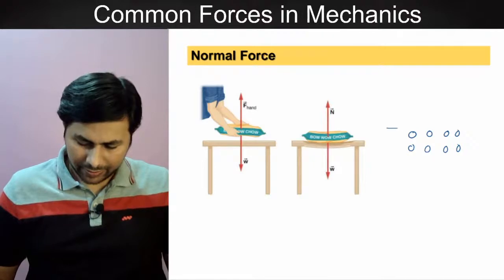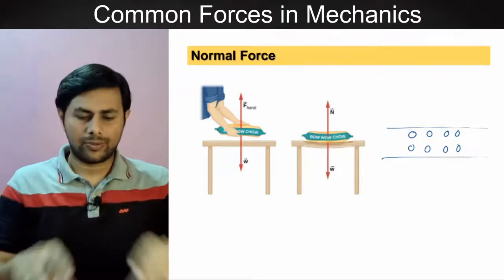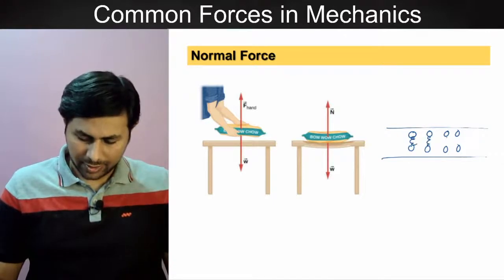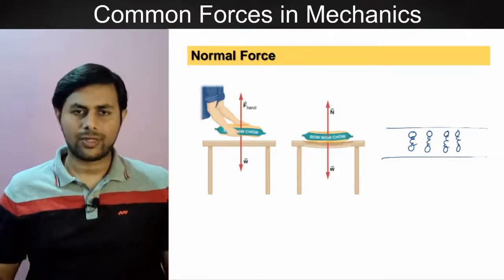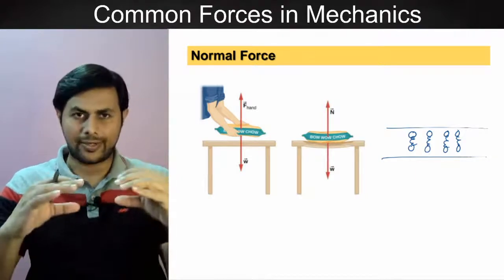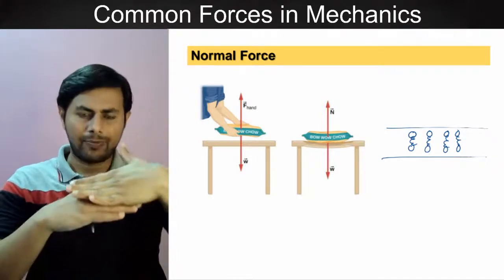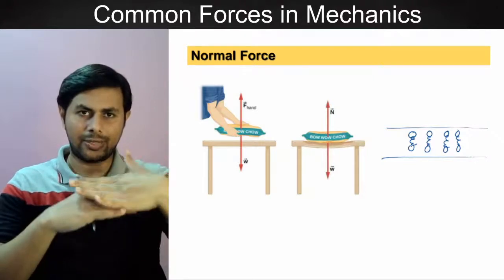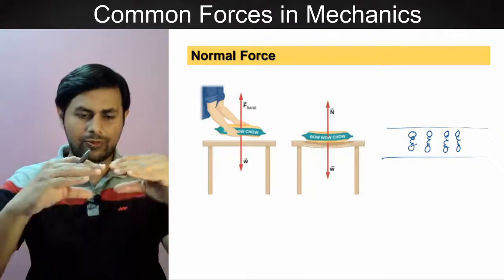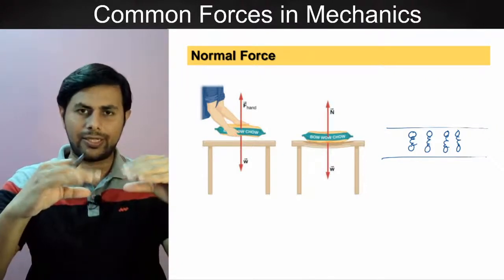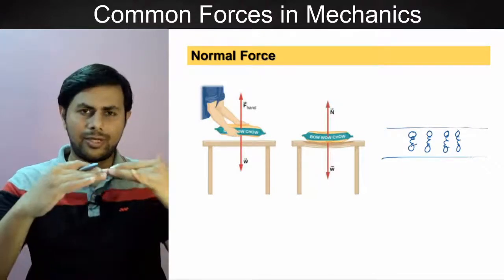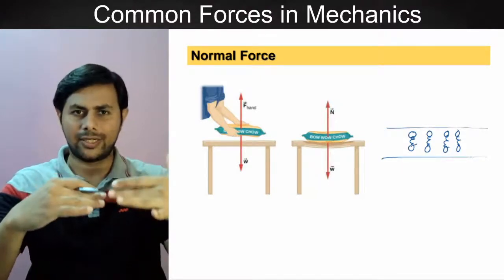Let's suppose this is the surface of the table. There will be molecules and there is a molecular force. Now when you put a bag, that bag pushes down on the table, and that's why the distance between molecules of the table decreases. It's not visible, but there will be a little sag in the table.